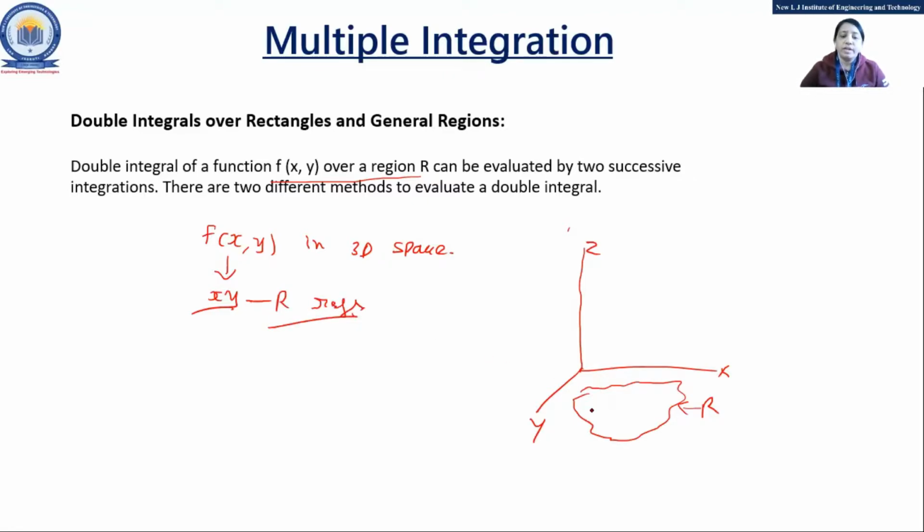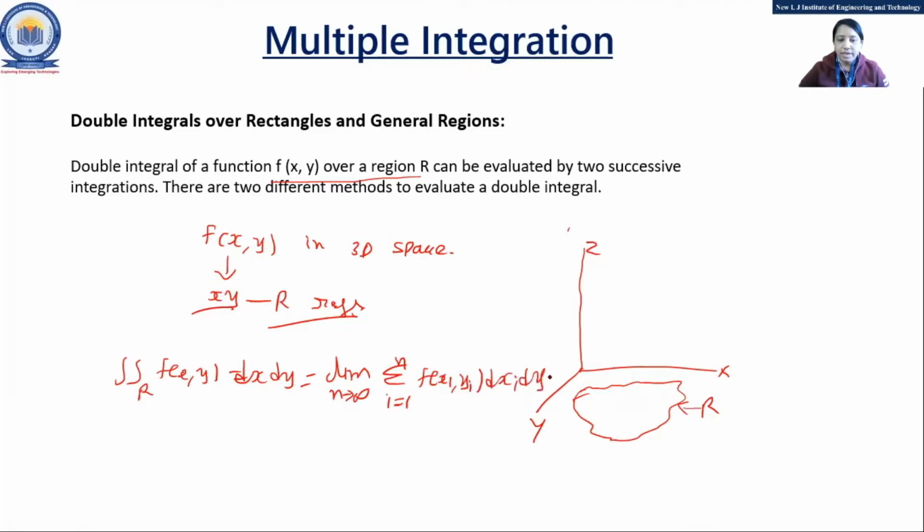If you want to find the volume of that, it is given by the double integration over region R of f(x, y) dx dy, equal to the limit as n tends to infinity of the summation from i equal to 1 to n of f(xi, yi) dxi dyi. What is the meaning of this?